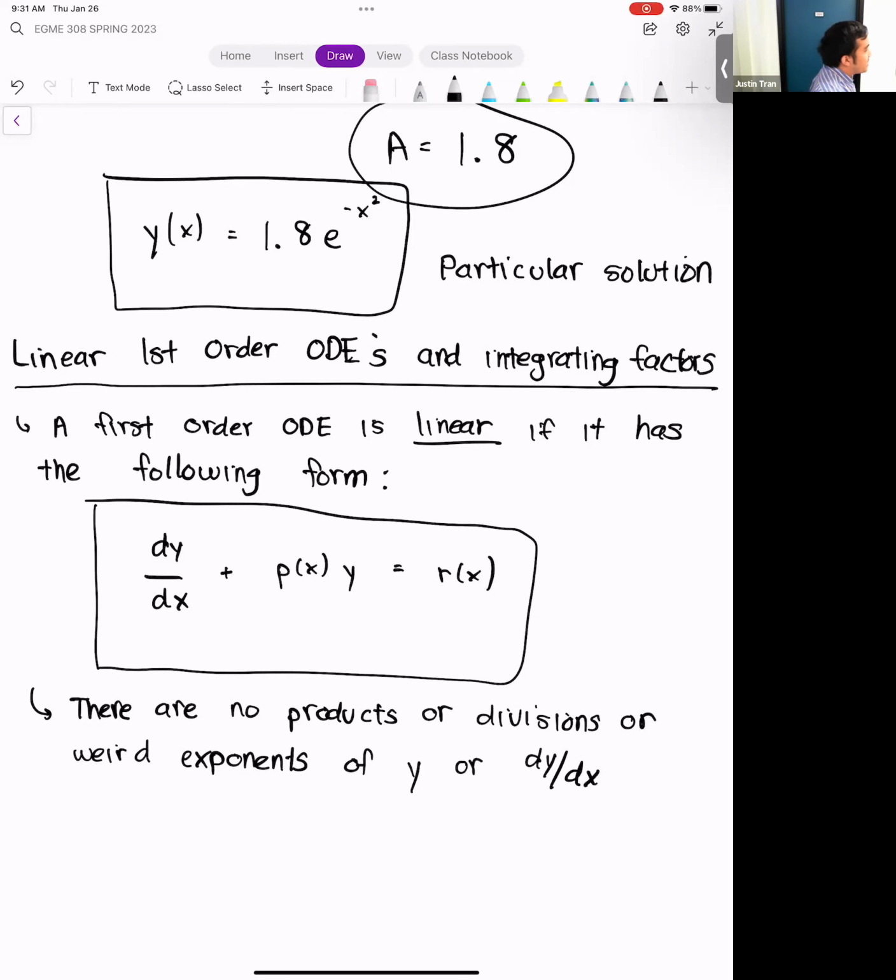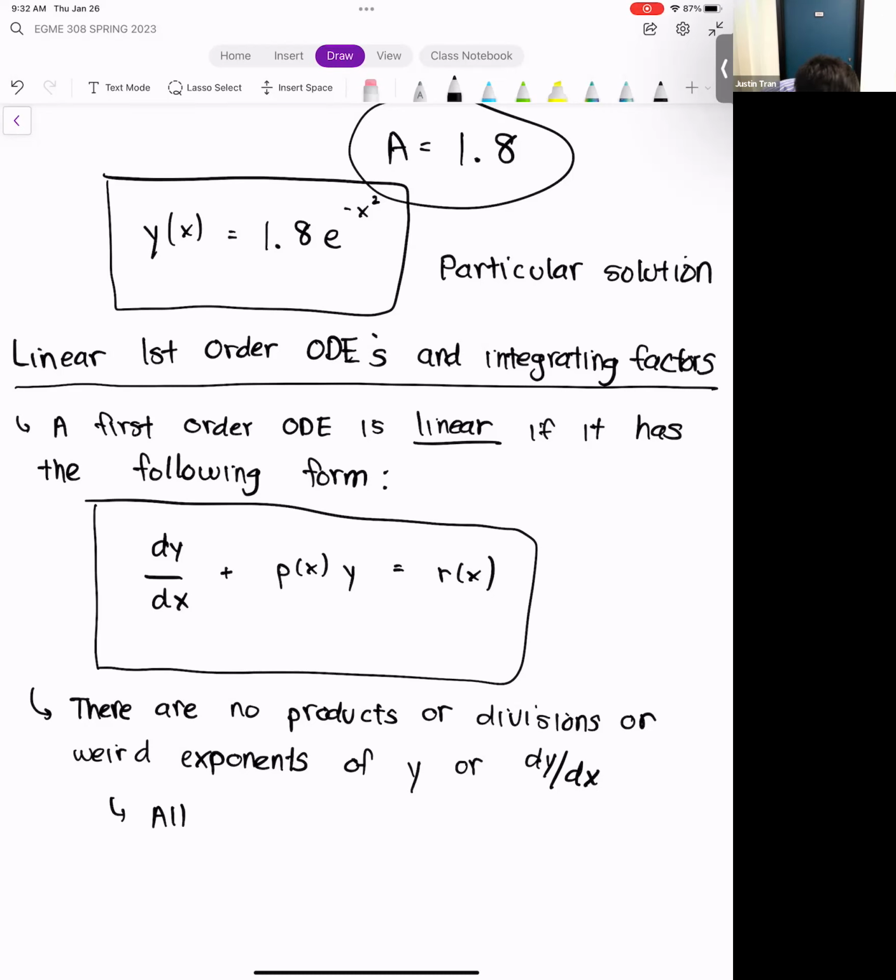And so if you look at dy dx here, it appears as a first order polynomial term. In other words, it just appears by itself. And even on the second term, if you look at y, it also appears as a first order polynomial.